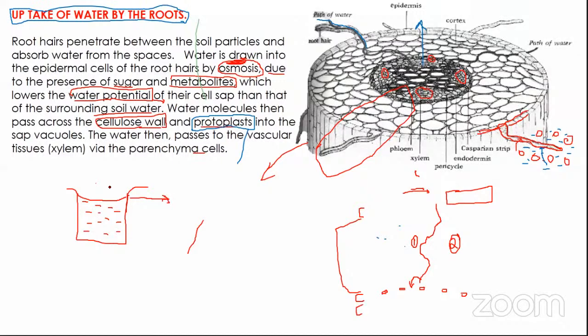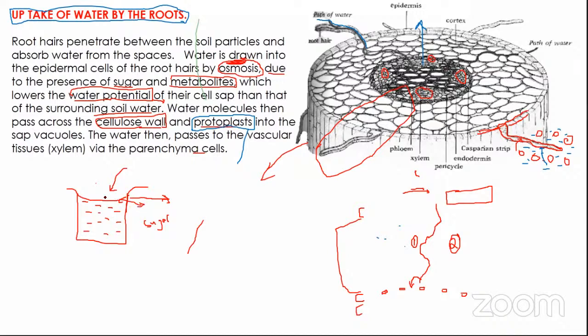Now once you put a solute here, a solute can be like sugar or salt, the sugar molecules are going to reduce the mobility of the water molecules. And so they are lowering the water potential, that is its ability to move or flow out of the system.